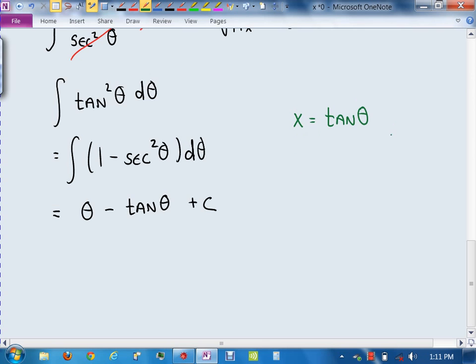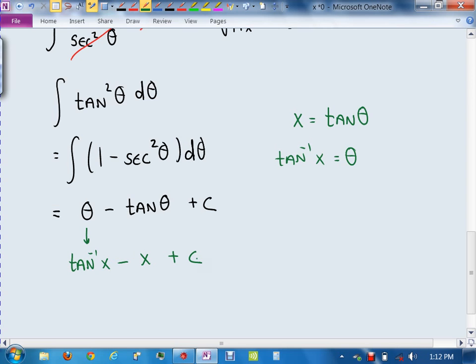So how can I get theta out of this equation? Take arctan on both sides. Arctan x equals theta. And so my theta becomes arctangent x, and my tangent theta becomes x, plus c, right? Agreed?